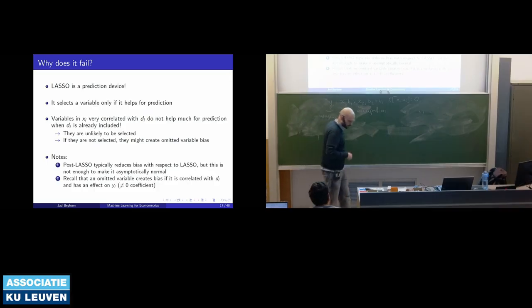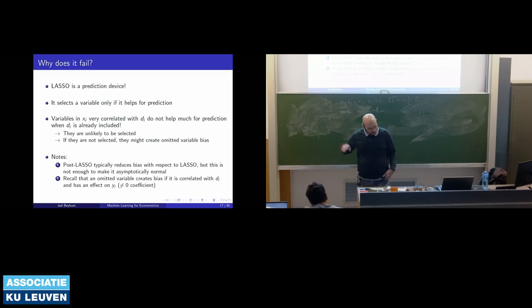So that's my example of before. When will the regression of yi on x1i only give me something that is biased for B1?